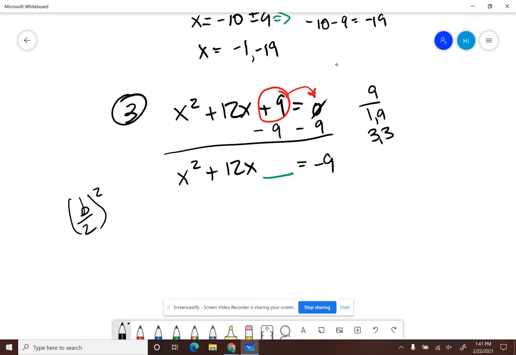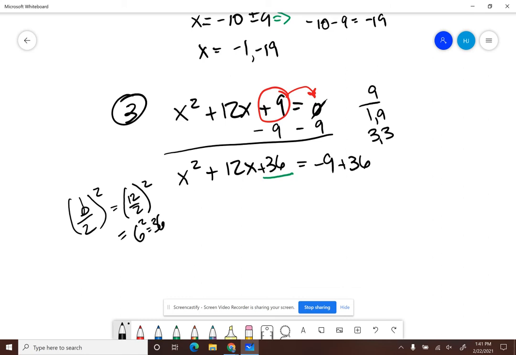So b is a positive 12, divided by 2 squared. 12 divided by 2 is 6, and 6 squared equals 36. So that means I need to add 36 right here. If I add 36 to this side, I also have to add 36 to the other side.